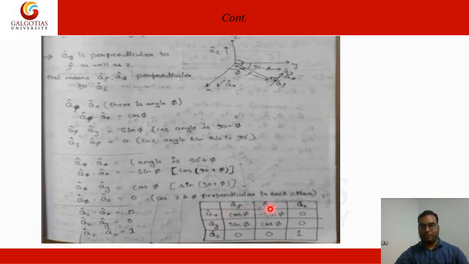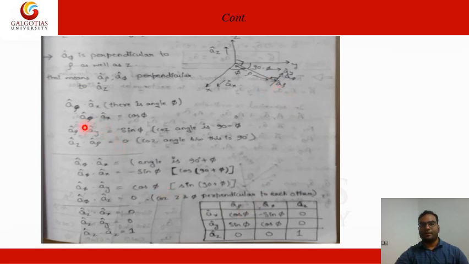a rho dot ax is cos phi. A rho dot ay, ay in the direction of y, and a rho in the direction of rho, where my cursor is moving.